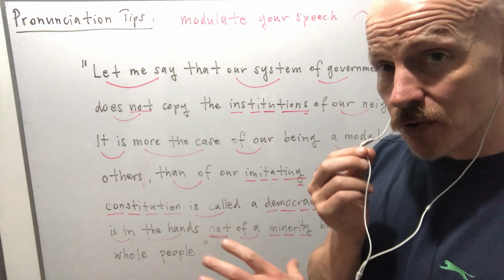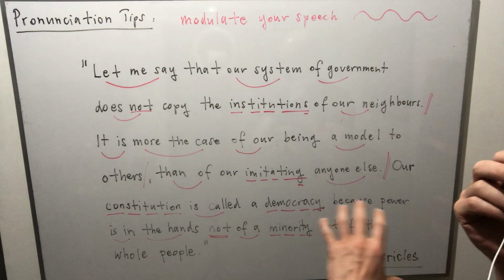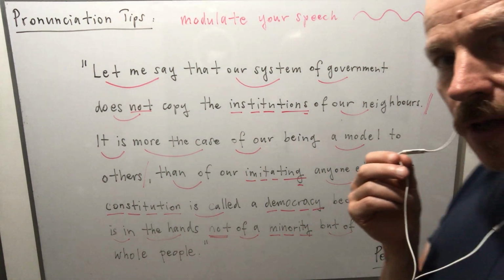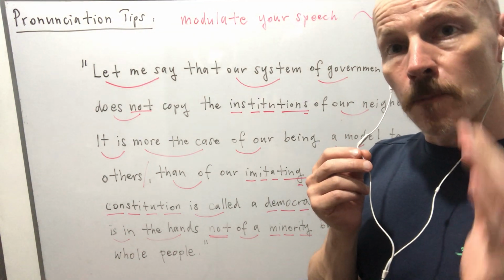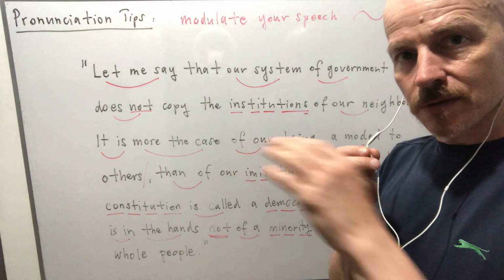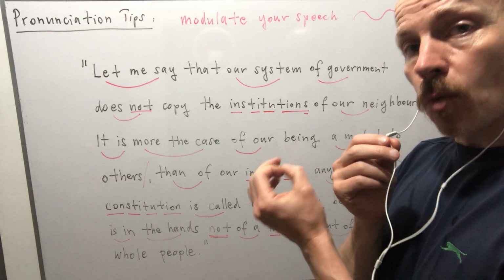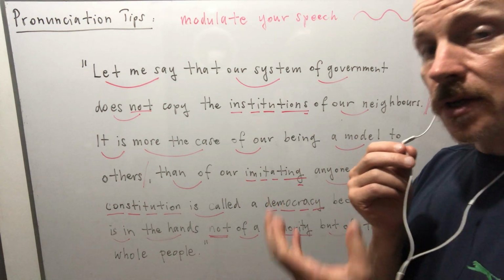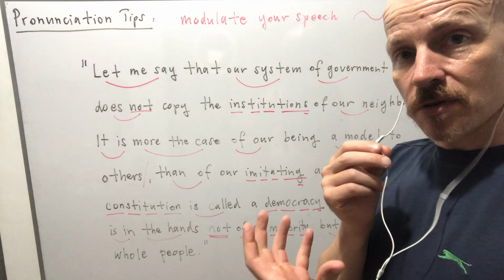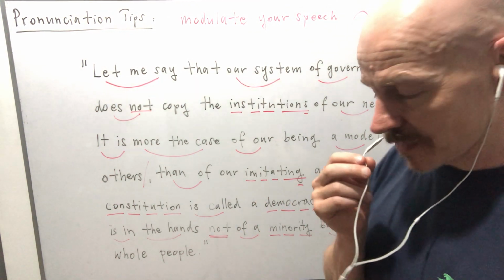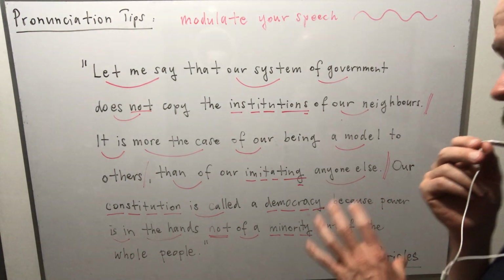But today I'm going to show you how I marked up the speech to help me be clear where I should modulate the voice, where I should change the pitch or the tempo of the voice, where I should pause, what words I should put stress on to give more expression. And this will give you much clearer pronunciation. Okay? So let's have a look through this and show you how I've done it.